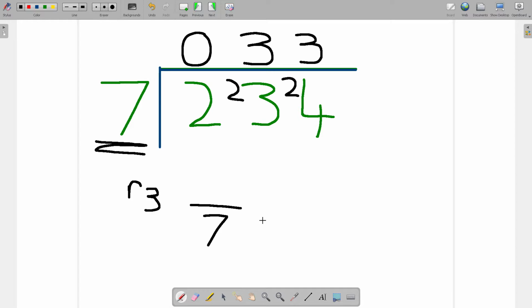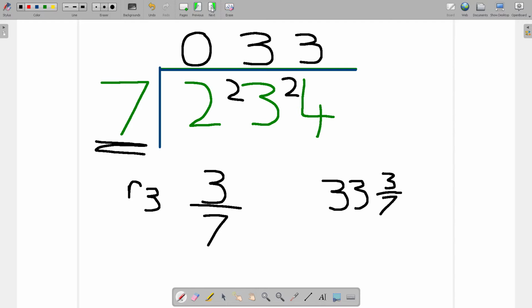Our remainder will be our numerator, because there are 3 parts remaining out of 7. So our fraction is 3/7. So we add that to our answer to give us our mixed number answer. So our mixed number answer to how many 7s there are in 234 is 33 and 3/7.